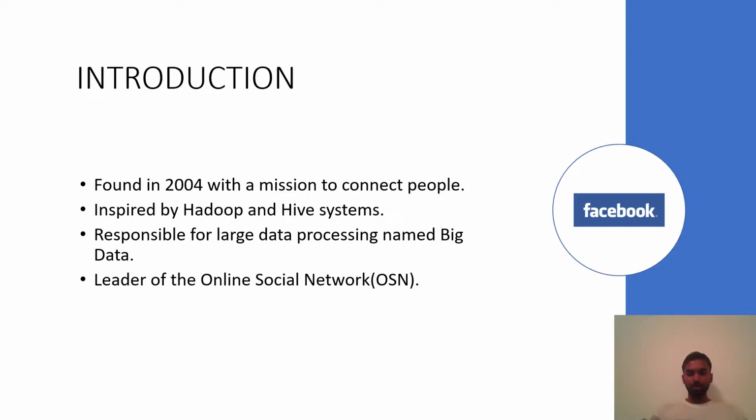They are responsible for large data processing, named big data. They have big data centers around the world, one in California, one just 2 years old in Texas, and many around the world.